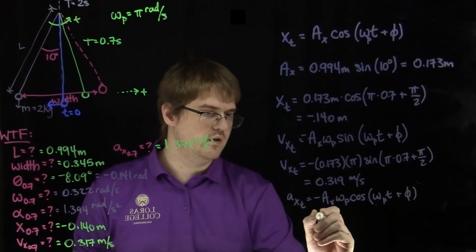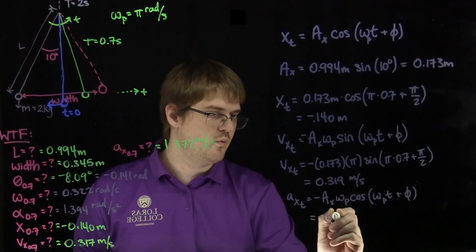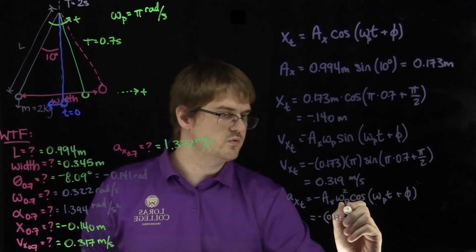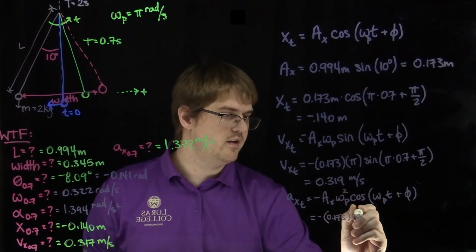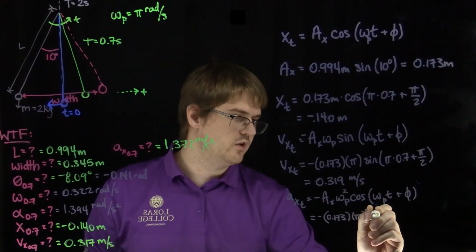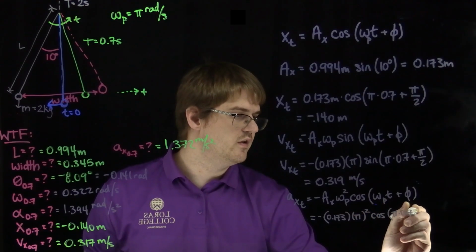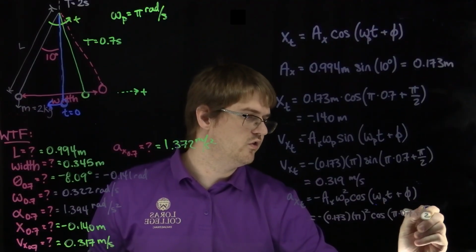That is going to be negative 0.173 times, this omega p should be squared, my apologies, times pi squared times the cosine of pi times 0.7 plus pi over 2.